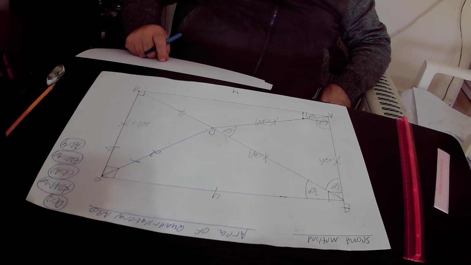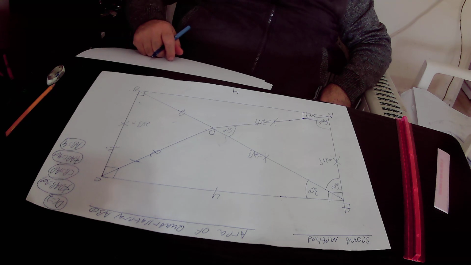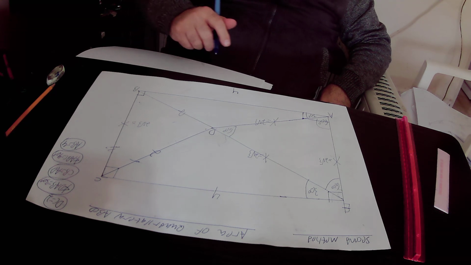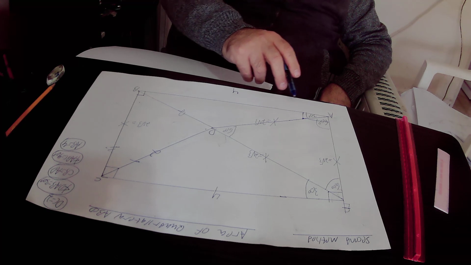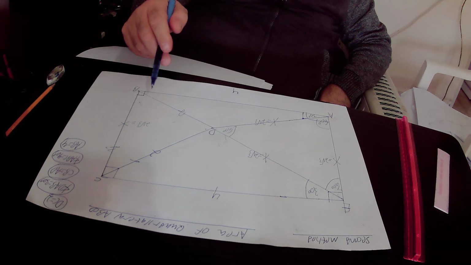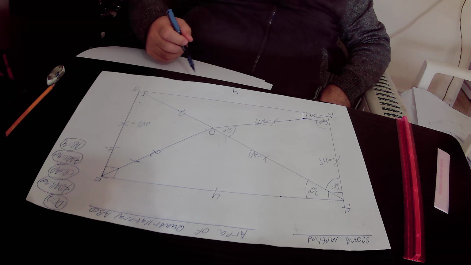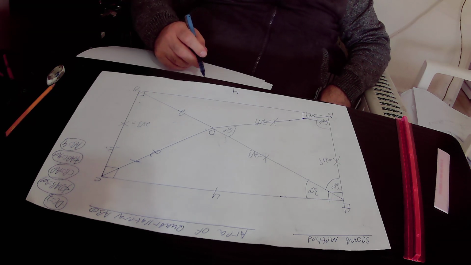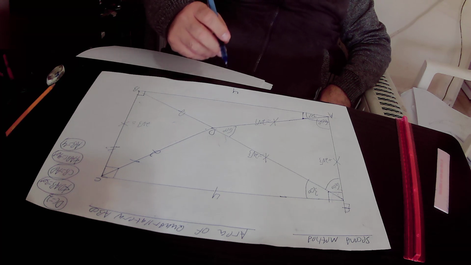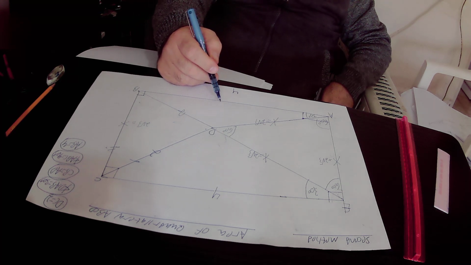So now we can find out the area of quadrilateral ABCD, because the area of quadrilateral ABCD will be equal to the area of triangle ADB plus the area of triangle CDB. What is the area of triangle ADB? First of all, we will find out the height of triangle ADB.